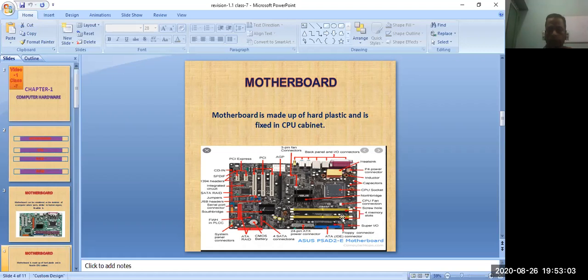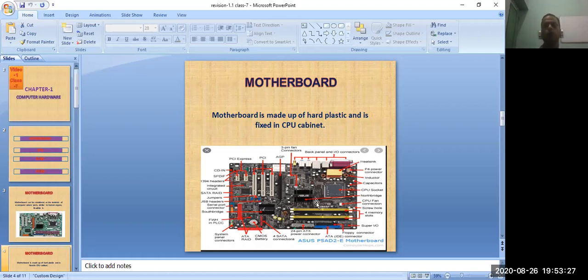Now you can see the PCI Express, PCI, and CPU socket. You can also see where the CMOS battery is.